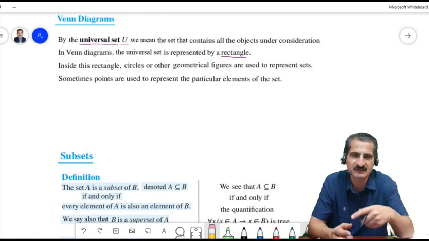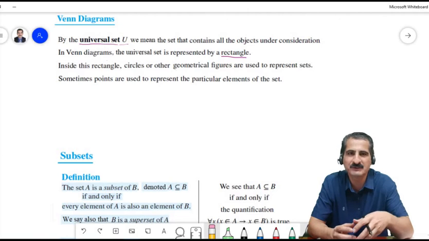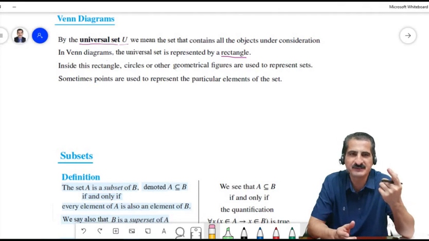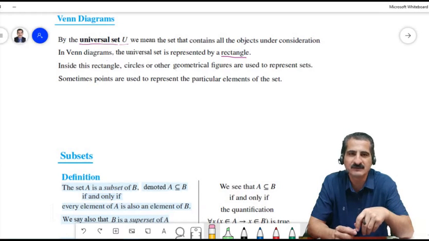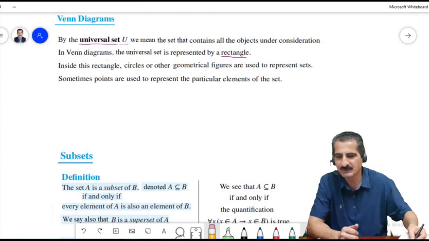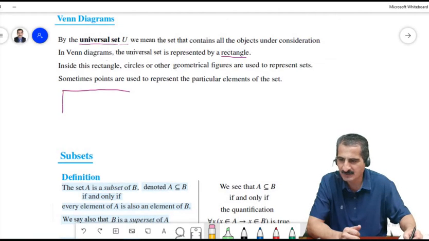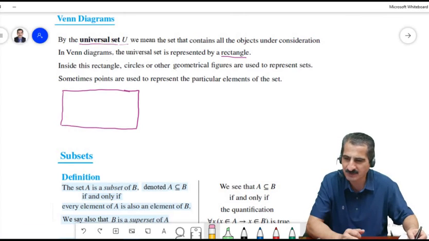We have just seen an example before where we were taking the elements from positive integers, and another time we were assuming we take any x from positive real numbers. In the first case, my universal set was the positive integers. In the second case, it was the positive real numbers. So we will denote it by a rectangle.